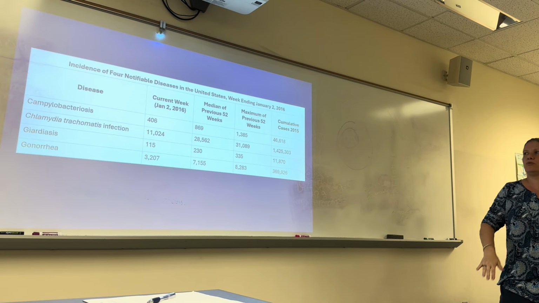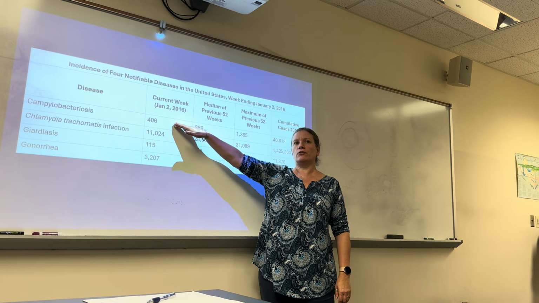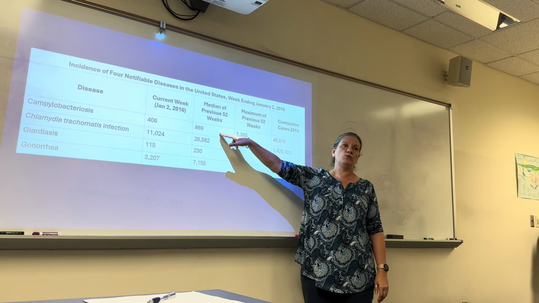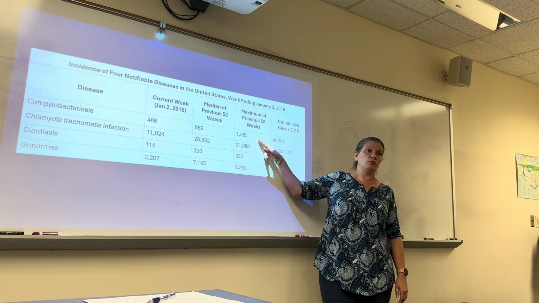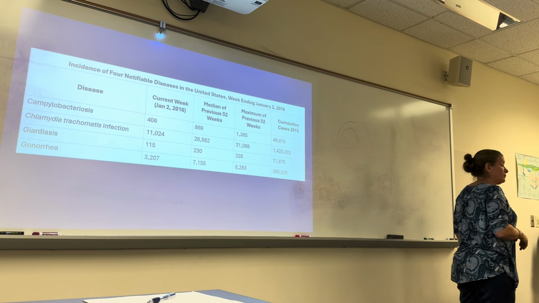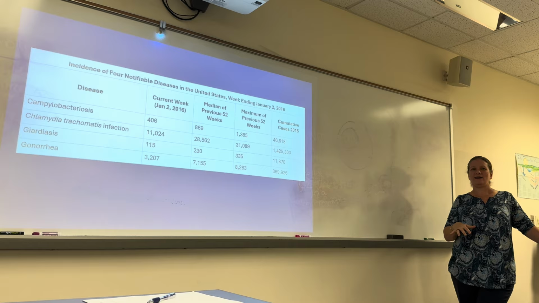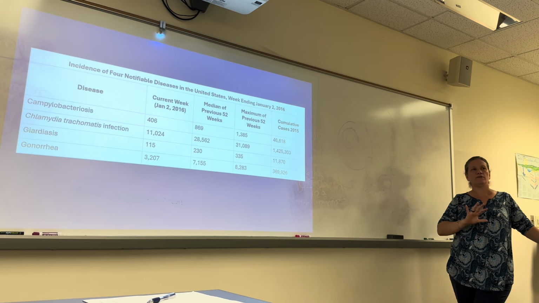It'll provide you with the numbers for the current week, the median for the previous 52 weeks, and the maximum for those previous 52 weeks. It'll tell you where we were at the year before. Also, you can do those comparisons as to where we're at now versus where we have been, a retrospective analysis.